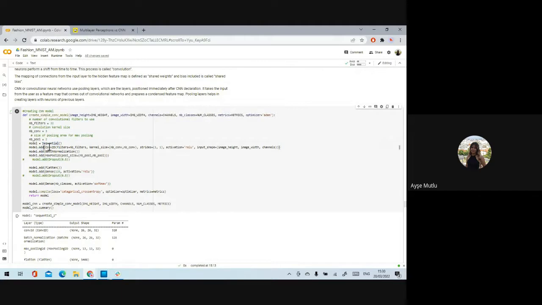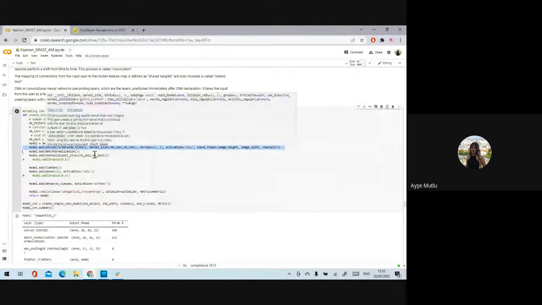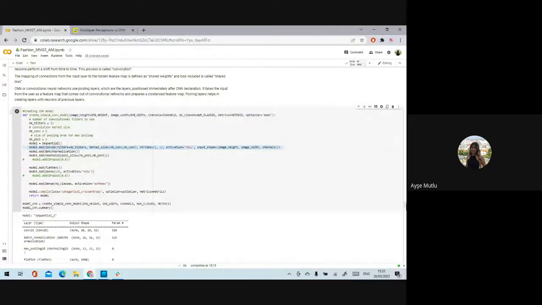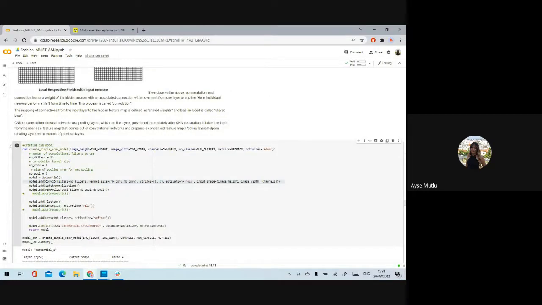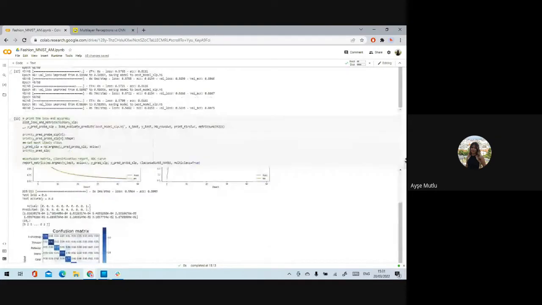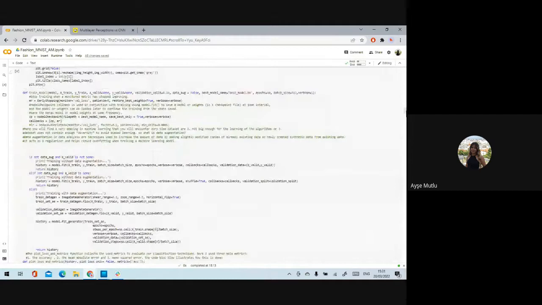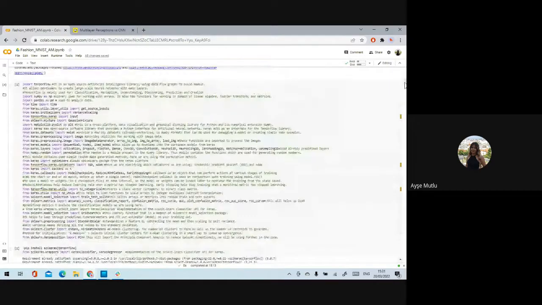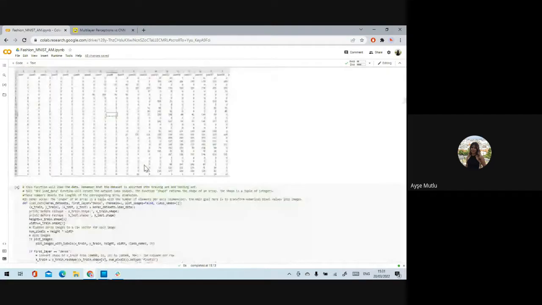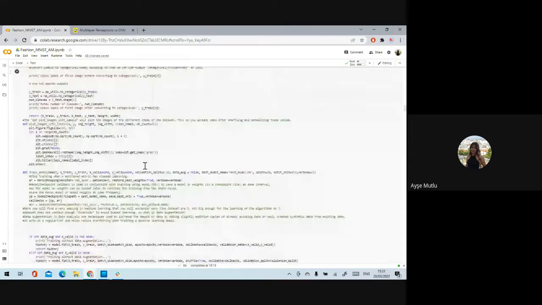Then we are adding the convolutional layer. Of course, I've run all these codes, and I thought you're also familiar, so I did not go through the first section. But let's come back to here first. We are importing the libraries, and the second thing is we need to load the datasets.